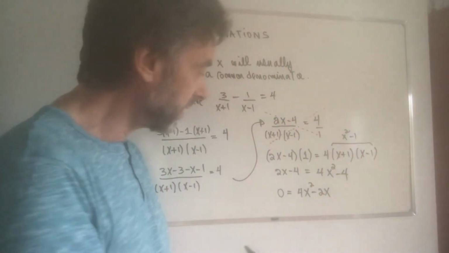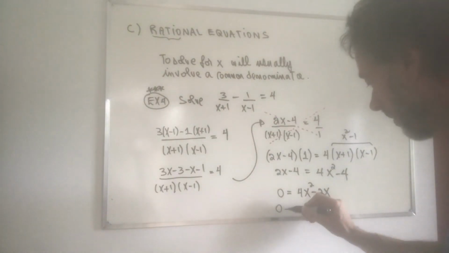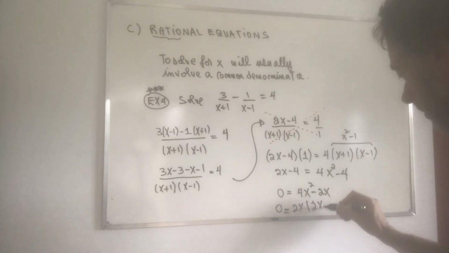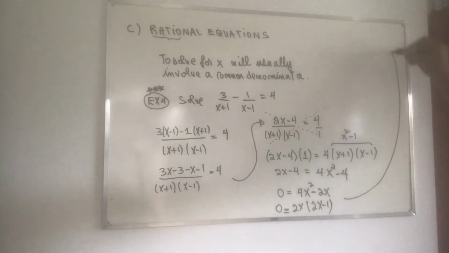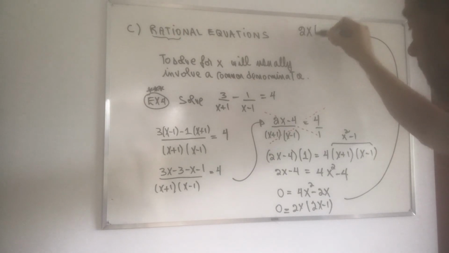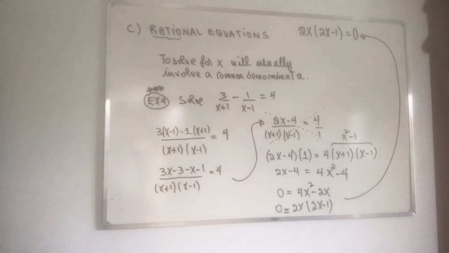Now I've got to solve something that's actually not too hard. So 0 is equal to, take out a 2x, and you'll get 2x minus 1. Let me rewrite it over here: 2x times (2x minus 1) equals 0.